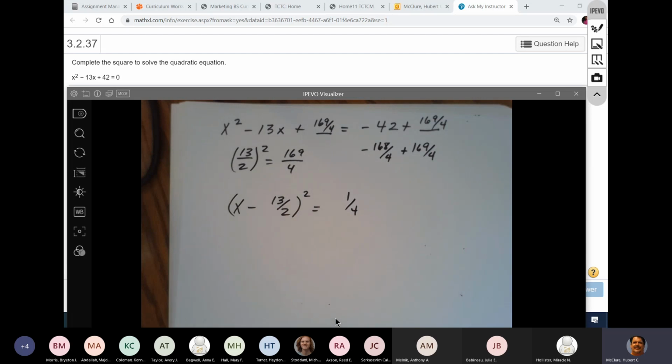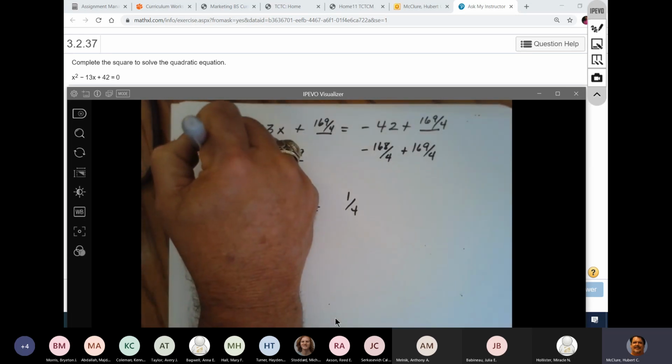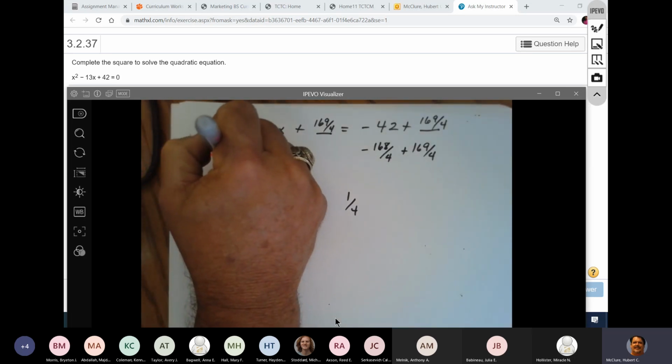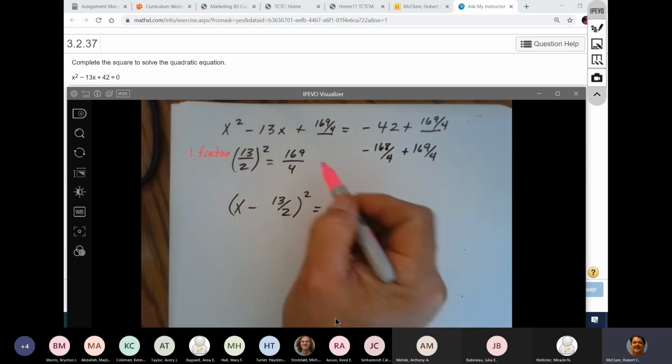Now, there's 2 things that I'm assuming that you knew when you did this. Well, 3 things. What are the 3 things? 1, I expect for you to know how to deal with fractions. You should be able to take 13 divided by 2 and square it, okay?